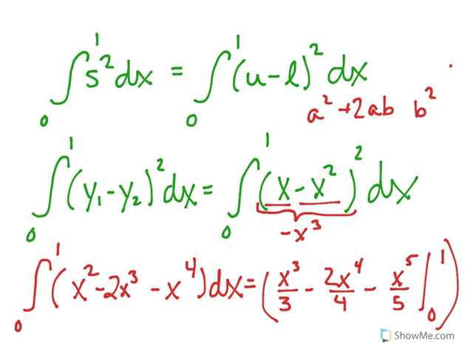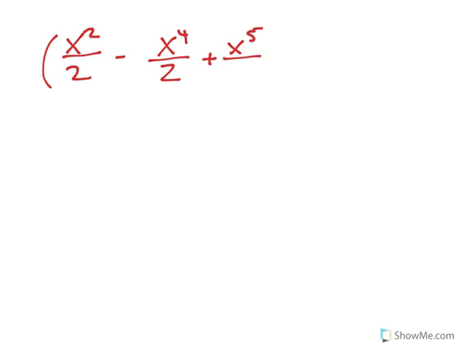Let me flip to the next page here and I'll rewrite this down. So I'm going to fill the numbers in now. So it's going to be, once again, let me write it down, minus x to the fourth over 2, because it was 2/4, I simplified it, and x to the fifth over 5 between 0 and 1.